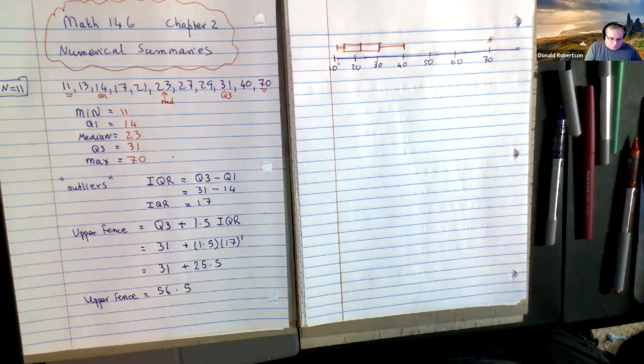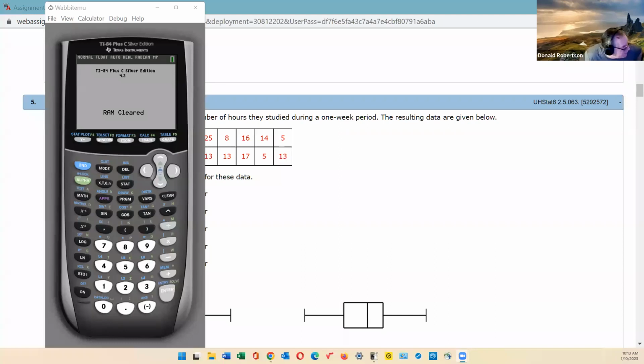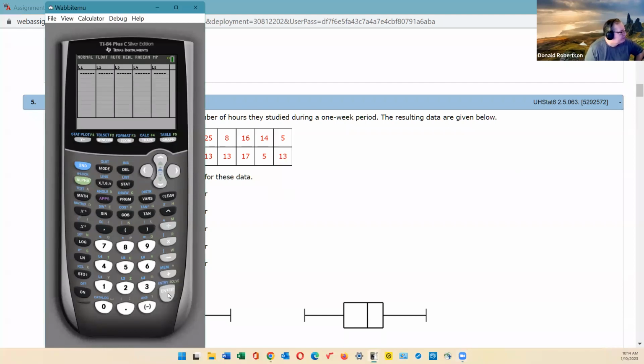Now, I'm going to jump over and do the same data set, and we're going to do a 5-figure summary and see what the differences are, if any. So you hit the start button and you choose number 1, which is edit, and then you type in your numbers. So here goes.